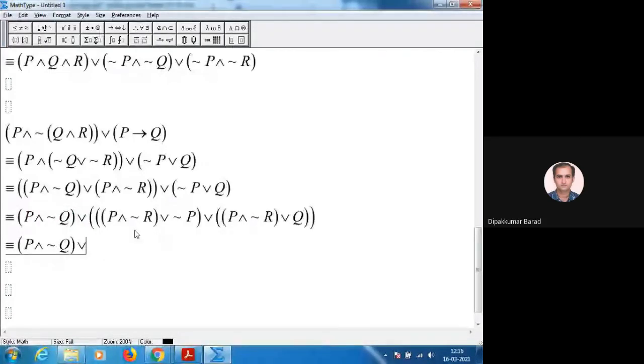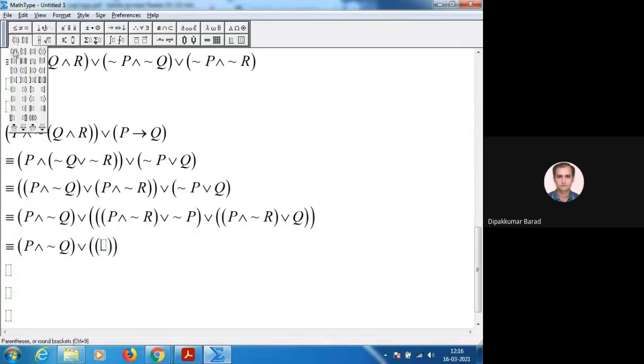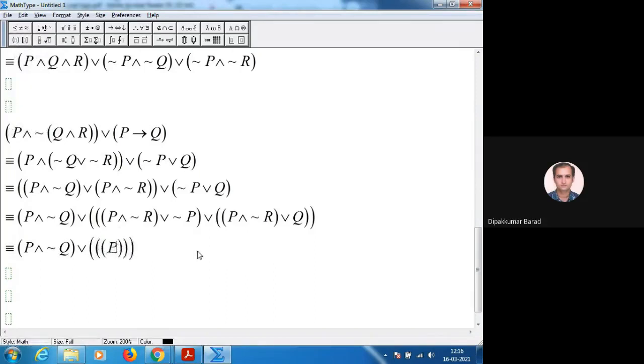This is P and not R or not P. Okay, so now again we can distribute this, P and not R or not P, in bracket. So I can write P and not P.